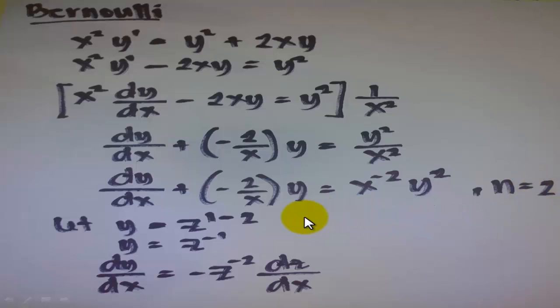Now, in order to solve this one, we will let y = z^(1-2). You have to let y = z^(1-2). Then you have y = z^(-1). Now getting the derivative with respect to x, dy/dx = -z^(-2) dz/dx.